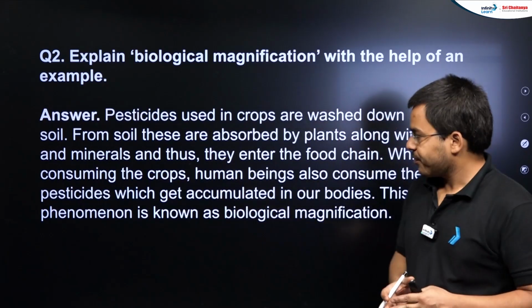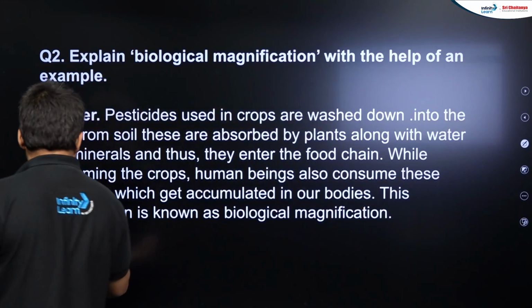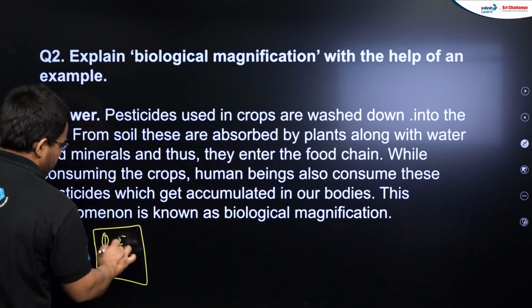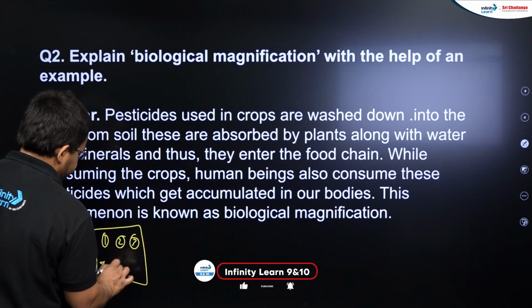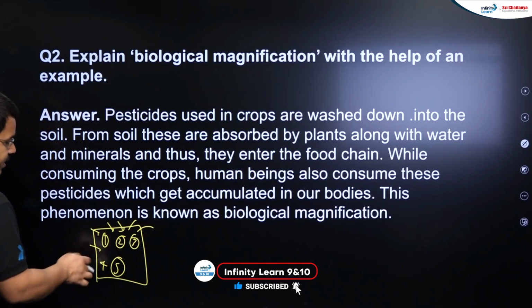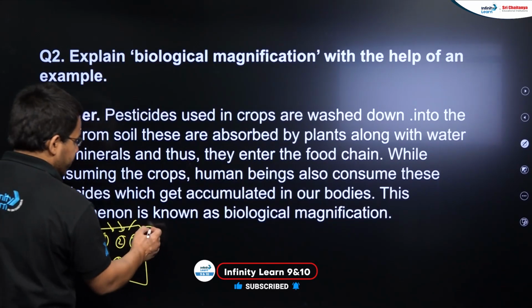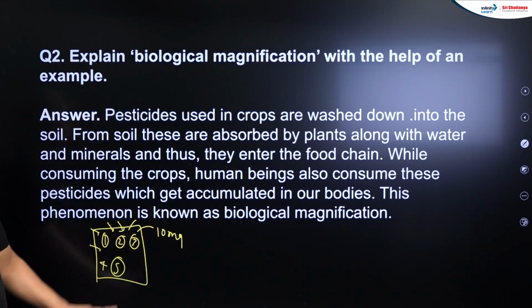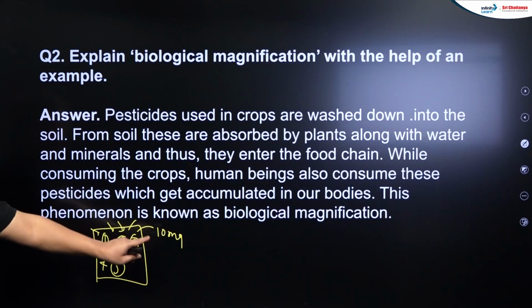How does it happen? For example, we have a field, and in this field we have 5 plants: plant 1, 2, 3, 4 and 5. We put some harmful chemicals like pesticides and insecticides in this field. Say the amount of that harmful chemical is 10 milligram. So each plant will have 2 milligram of this harmful chemical.